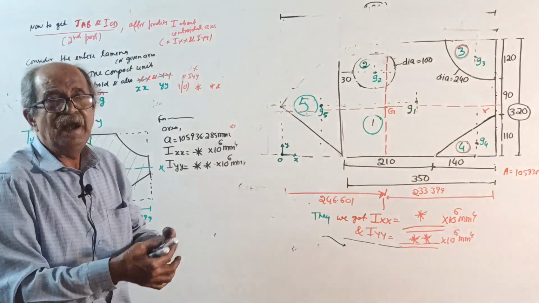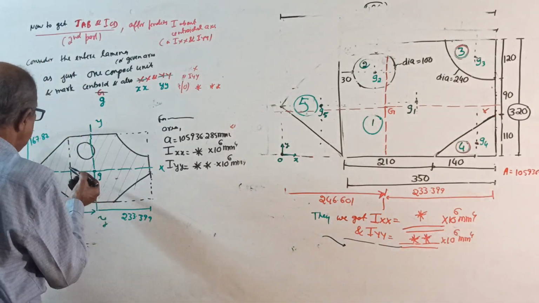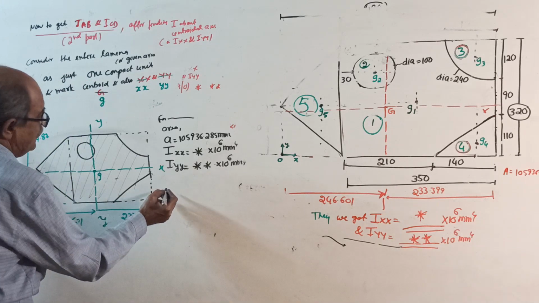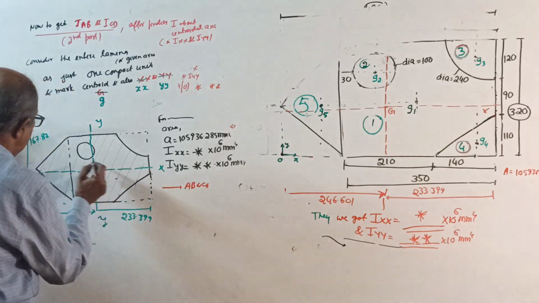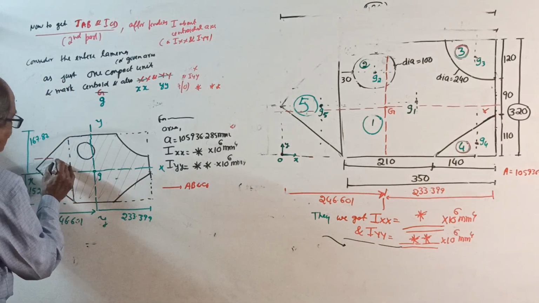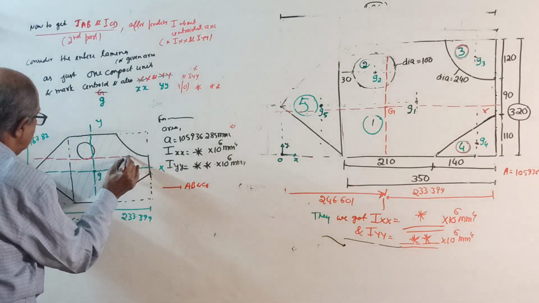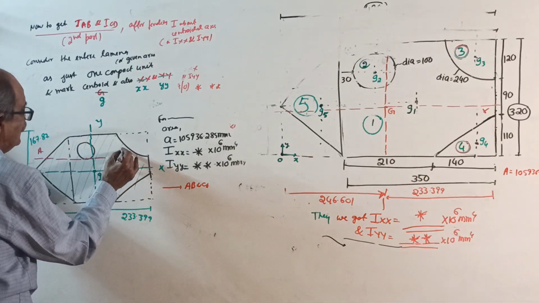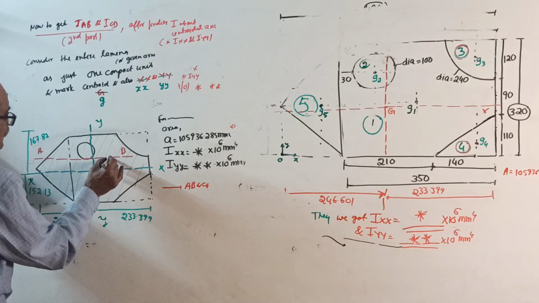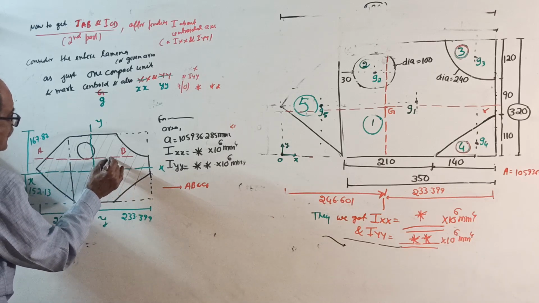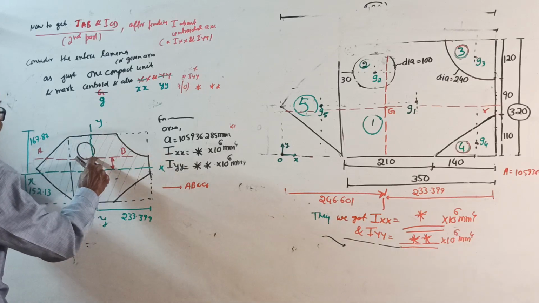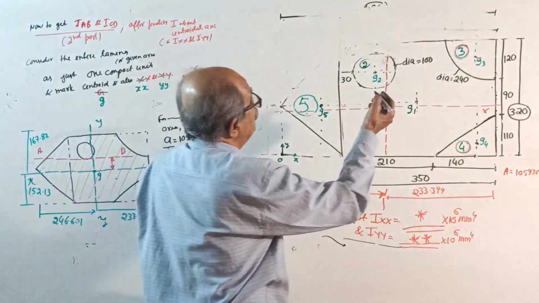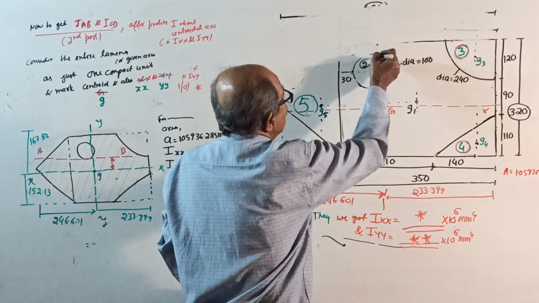Now, mark that required axis. See, AB axis and CD axis. Mark that AB and CD. Your AB axis is here. You write what is this distance. This is 167.87. From here to the edge of the circle is, remember I rubbed it partially, 40 plus 100.